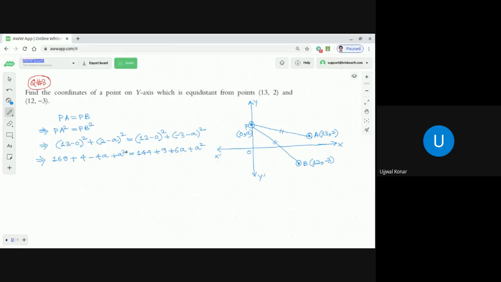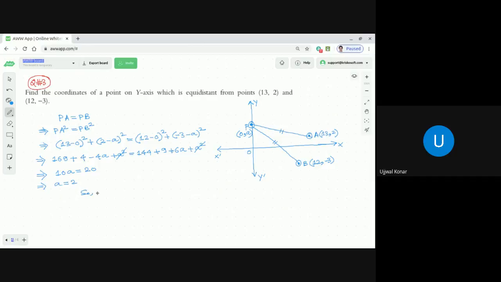So what we get, dear students? A square on the left hand side and a square on the right hand side get cancelled. If you simplify, you will get 10a equal to 20, and eventually we get the value of a equal to 2.